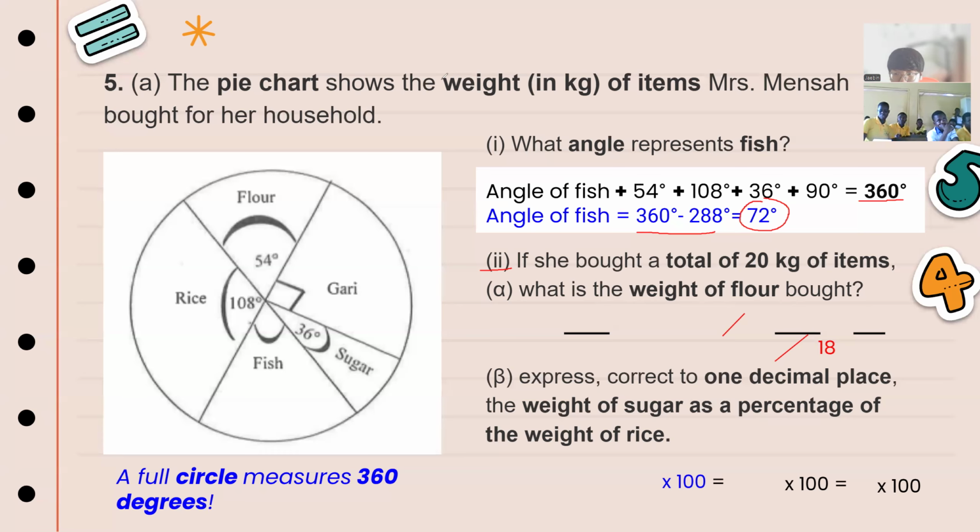So what do we need to first do? We need to find the percentage of flour to the total, right?